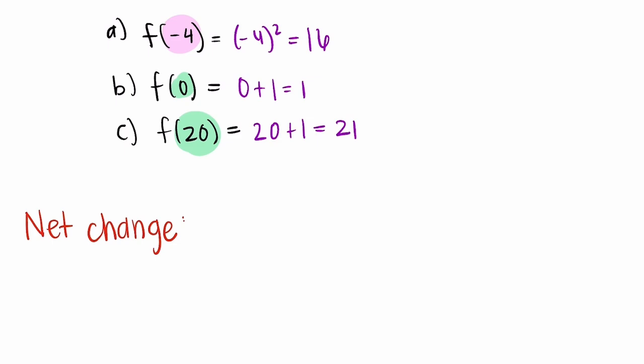So what net change is saying is, let's take something like f of b minus f of a. So we're going to subtract your outputs where b is the bigger number. So b is greater than or equal to a. So we're going to look at 2 examples of doing net change.